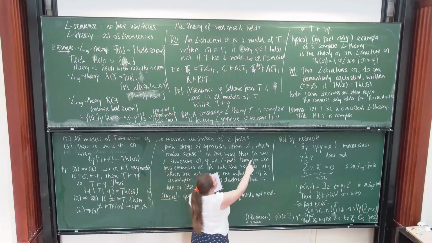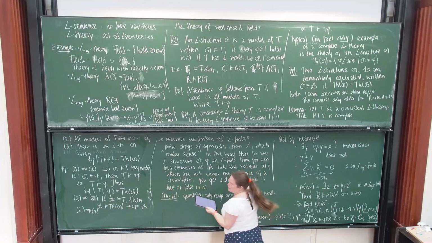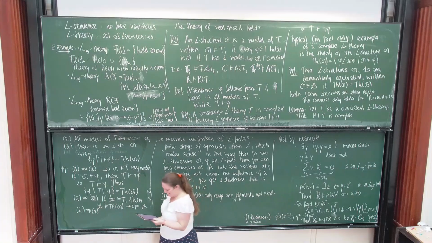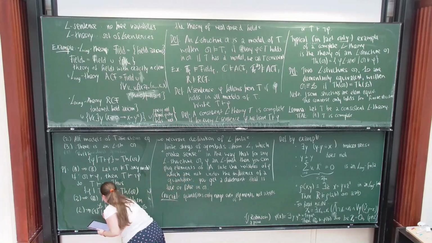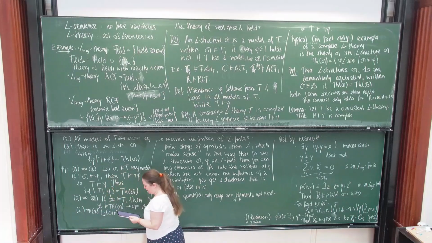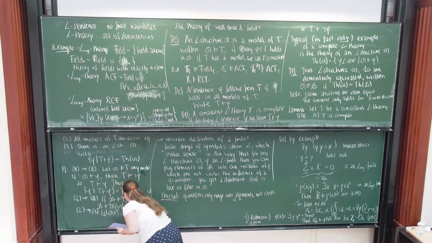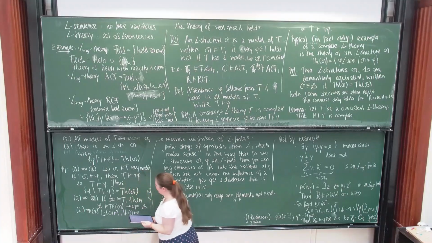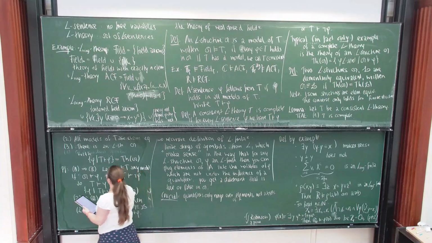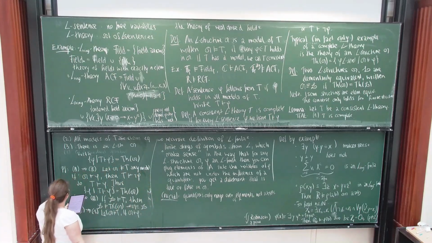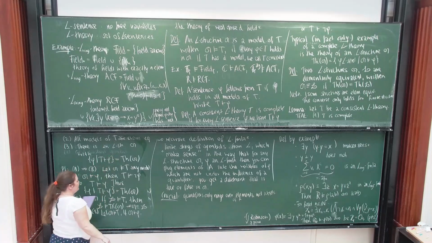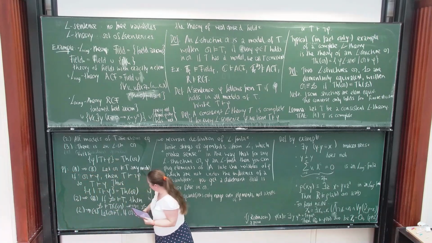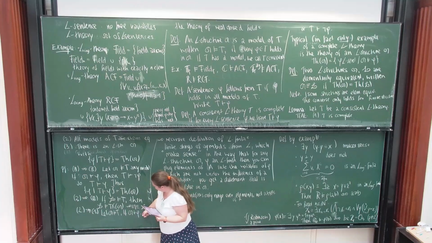I guess here note that I've written consistent in the assumption, so let A be any model of T. If phi holds in A, all models are elementarily equivalent, so then if phi holds in A, then phi holds in any elementarily equivalent structure.